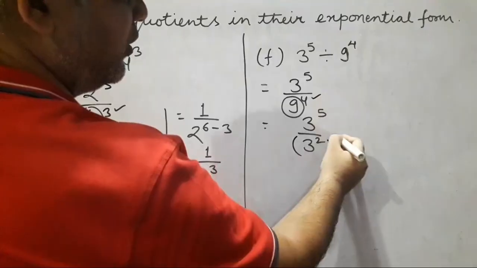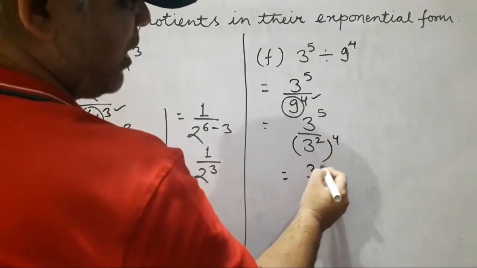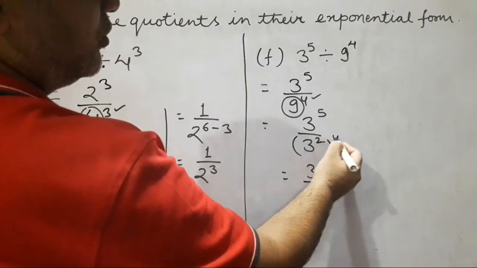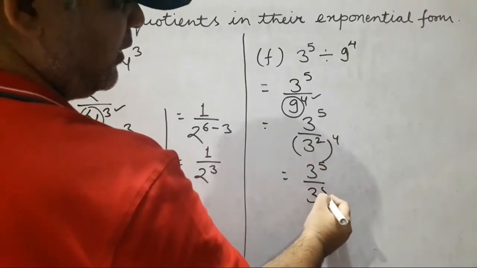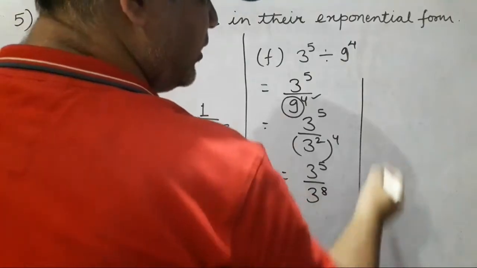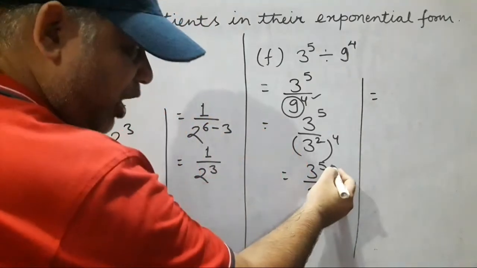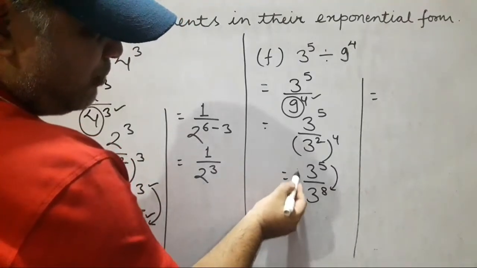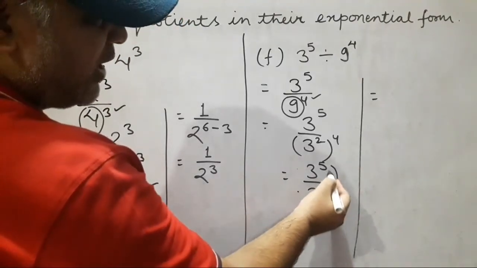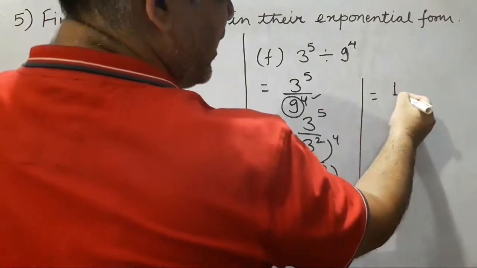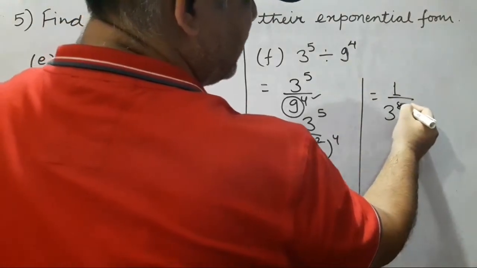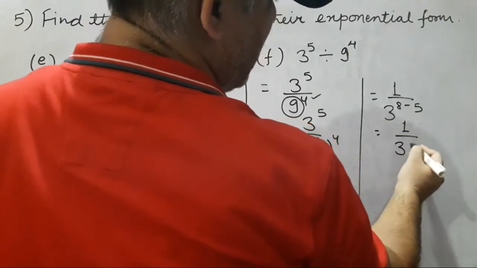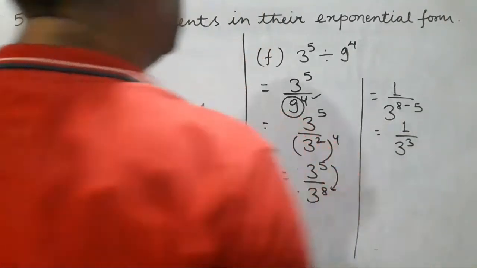Now this power 4. 3 power 5 by, power law of indices, 2 4s are 8, 3 power 8, equal to, now this small power shall be subtracted from this greater power. Since we have got the same base now, we can subtract 5 from 8. So 1 by 3 power 8 minus 5 equal to 1 by 3 power 3. This is our answer.